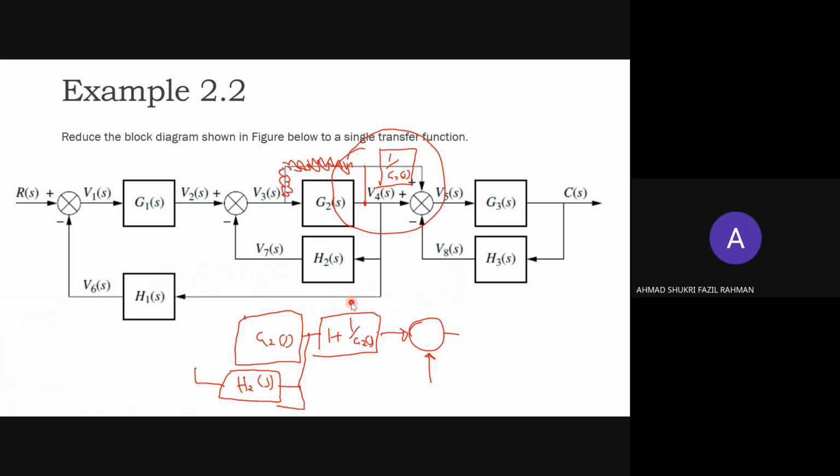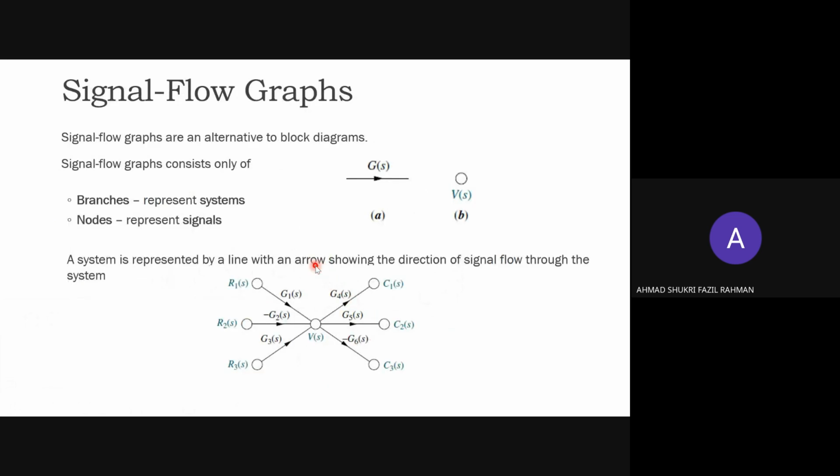So for example 2.2, we move on to the signal flow graph. Remember, for a signal flow graph, branches only represent systems, and signals are represented by nodes. These are 2 things that you need to remember. Other than that, not related.